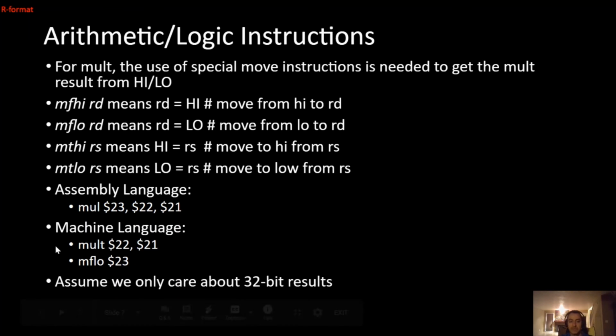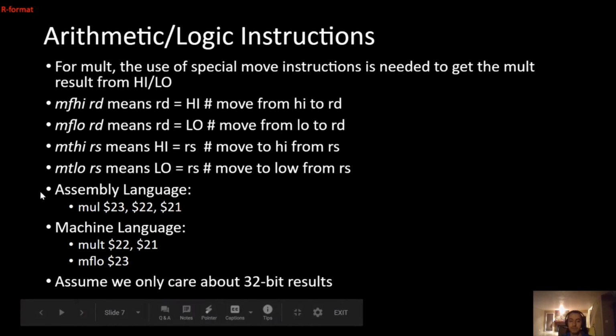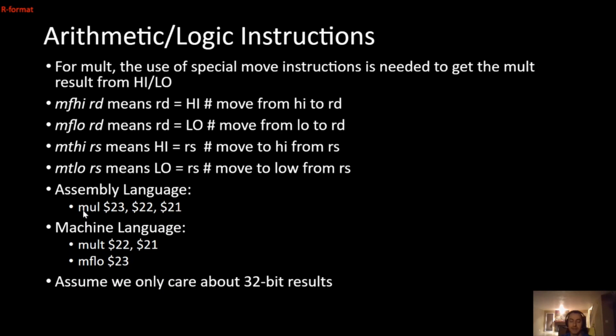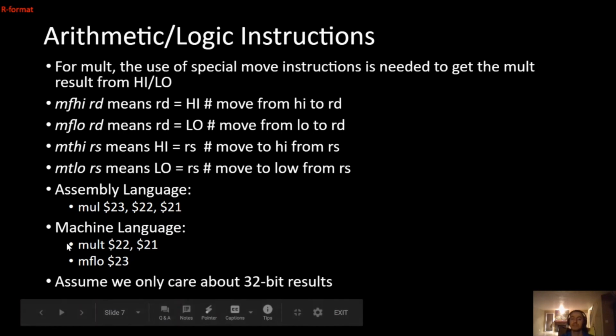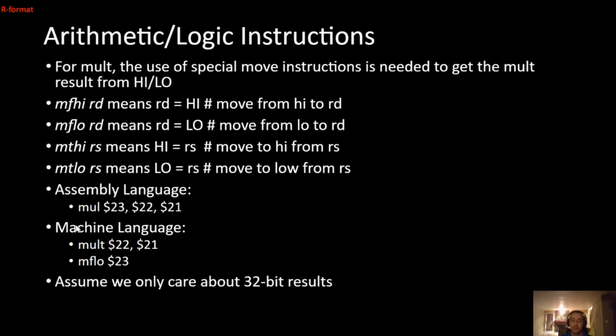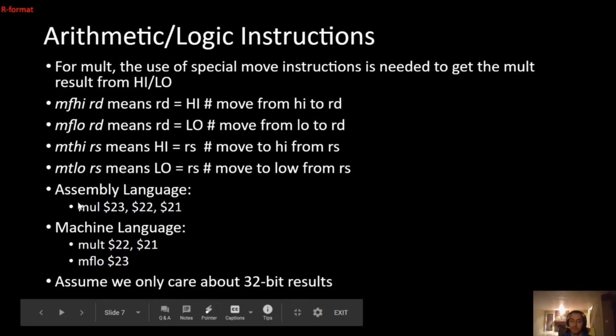This is a good example of how you can have one instruction in assembly, and when it's converted to machine language, in some cases it could become two separate instructions. These could also be reused for different things.